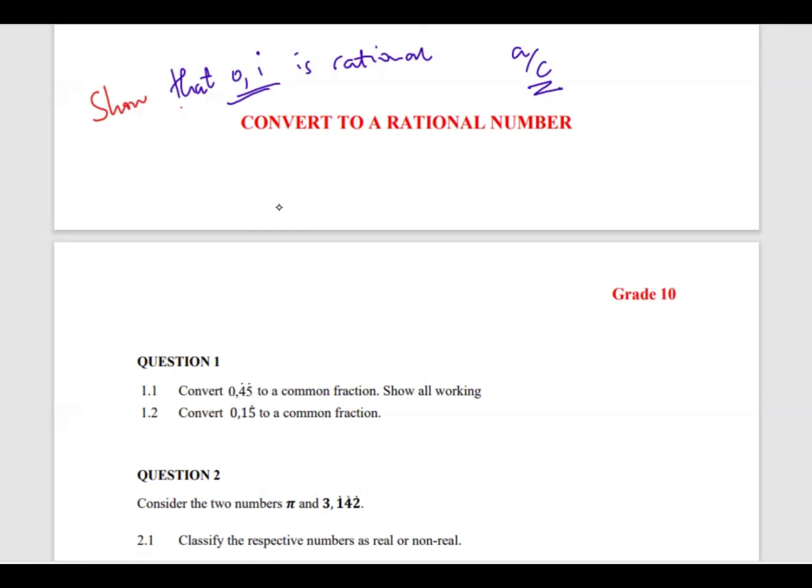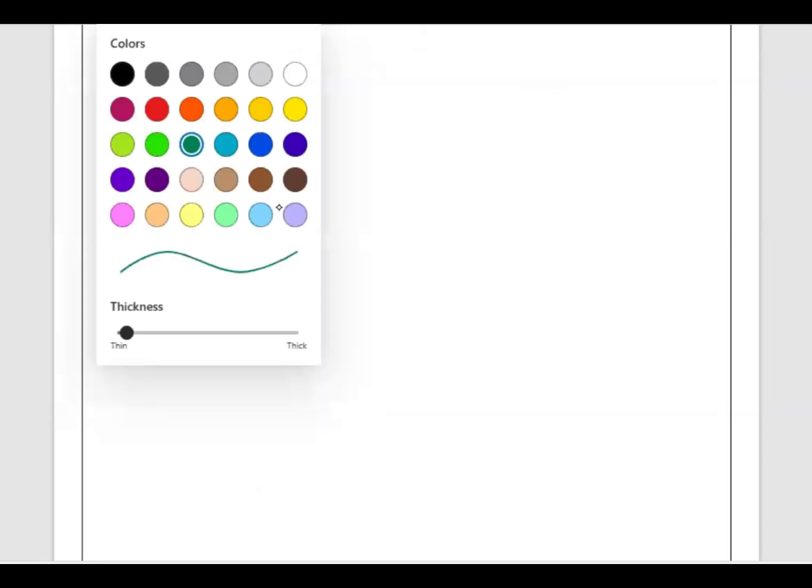So in this case, we're just going to go over it step by step. Let's say we have 0.1 recurring. Let me write it this side. We're saying express 0.1 recurring as a rational number.